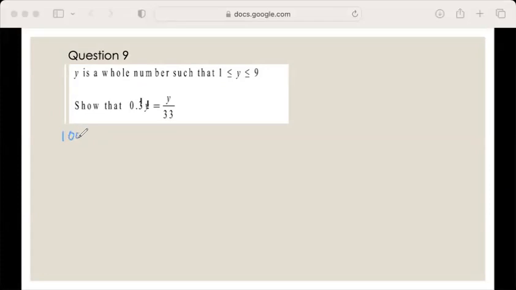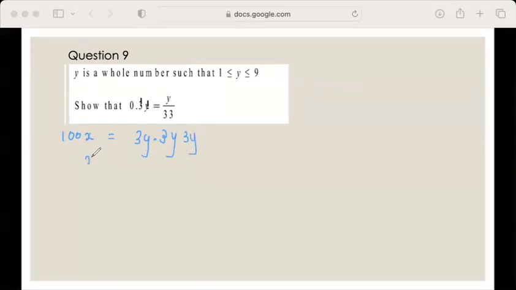So we take 100x. If 1x equals 0.3y recurring, then 100x will equal 3y point 3y, 3y, etc., because when you times it by 100, it goes 2 steps away.